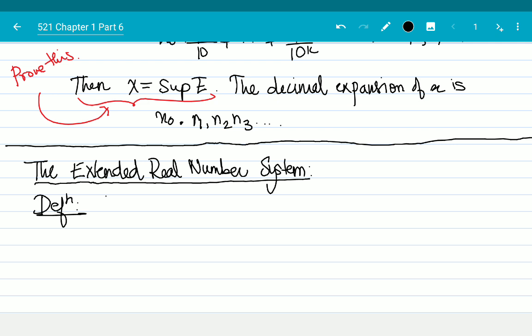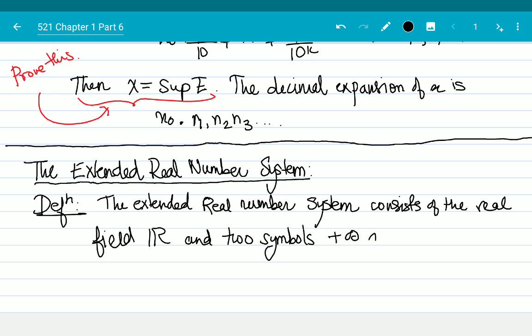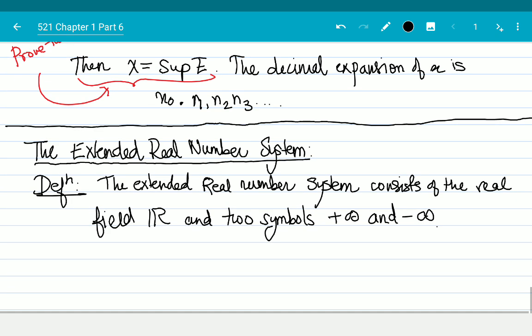The extended real number system consists of the real field R and two symbols, plus infinity and minus infinity. These are not real numbers. Plus infinity and minus infinity are not real numbers.